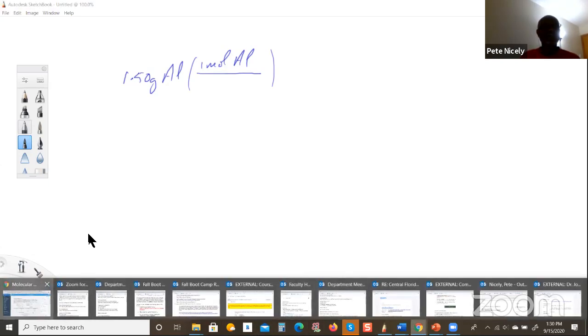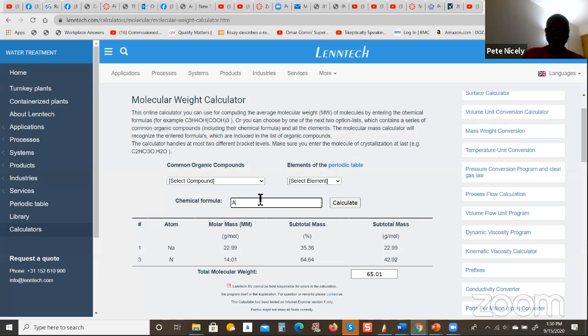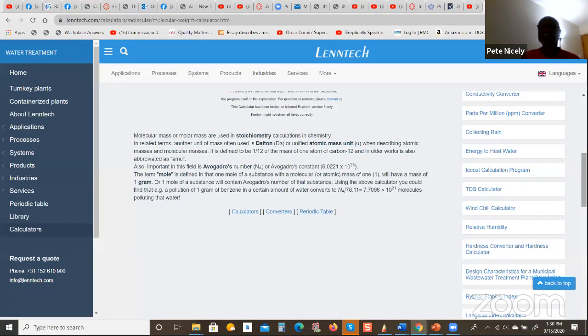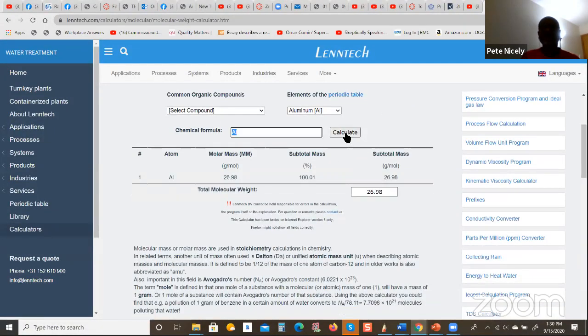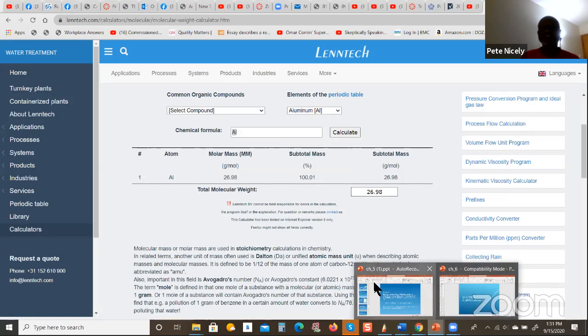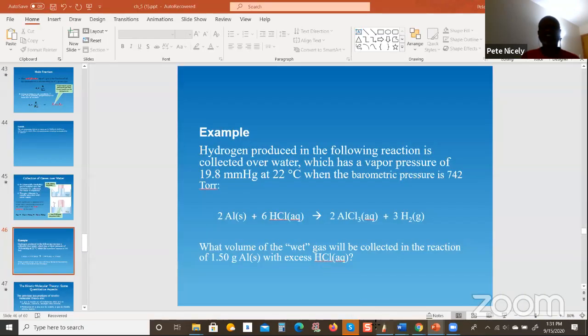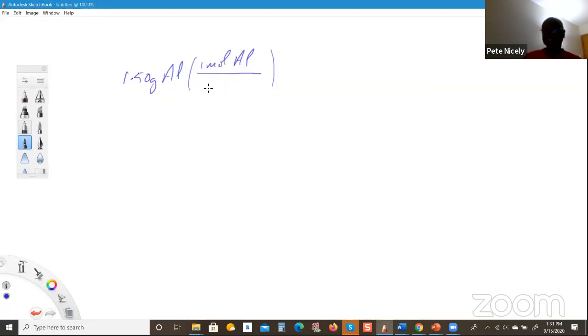So I'm just going to put Al and see what it says. I think it's 26.9 something. Yeah, 26.98. So going back to this, I'm going to put 26.98 grams of aluminum, all right?